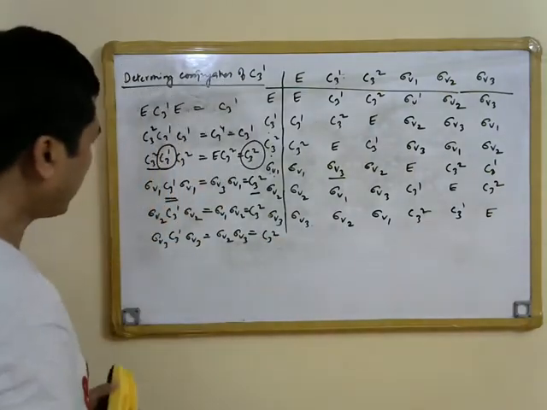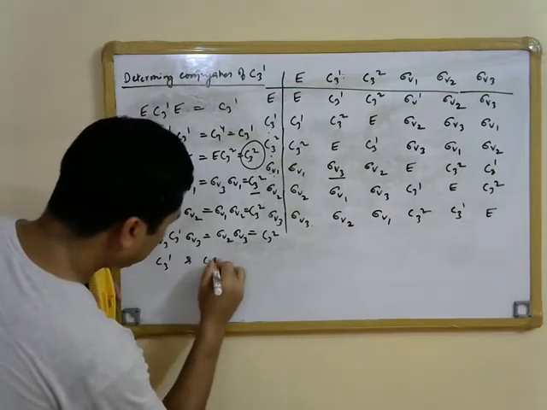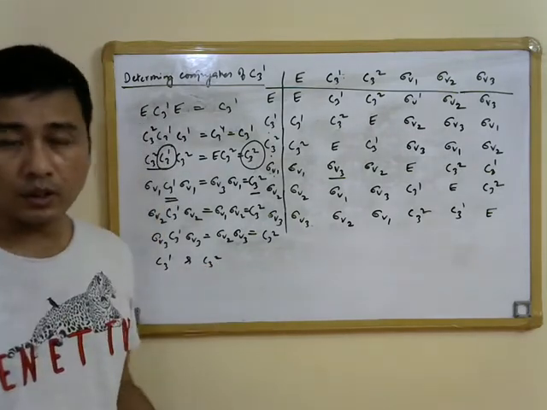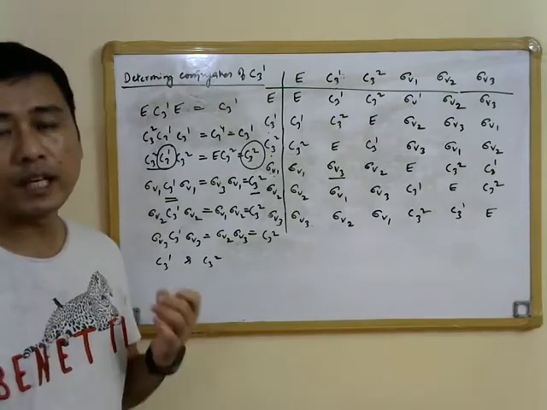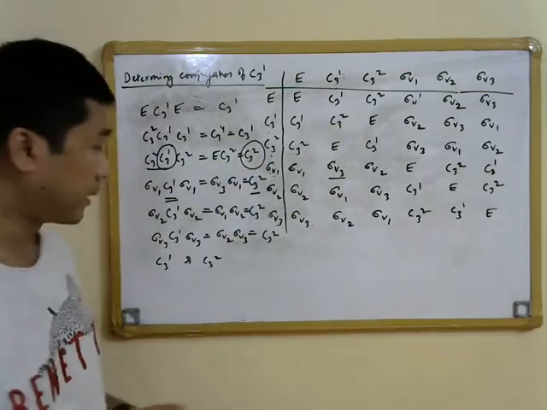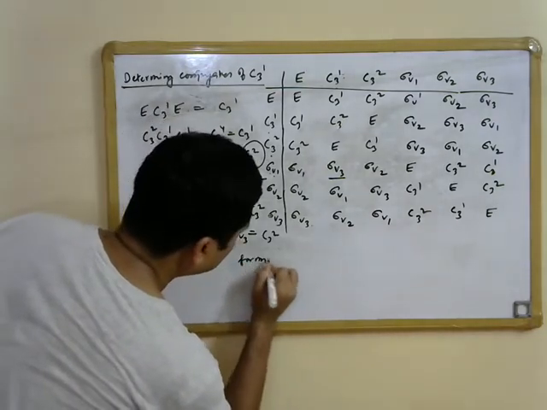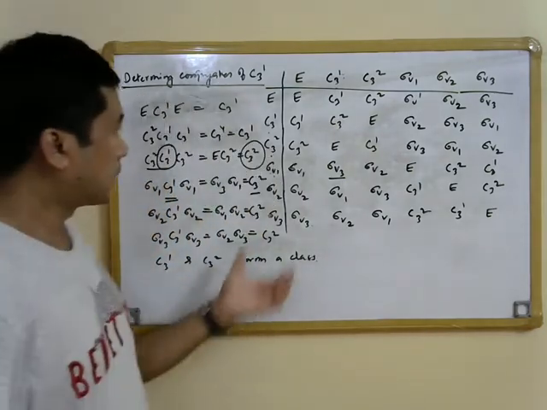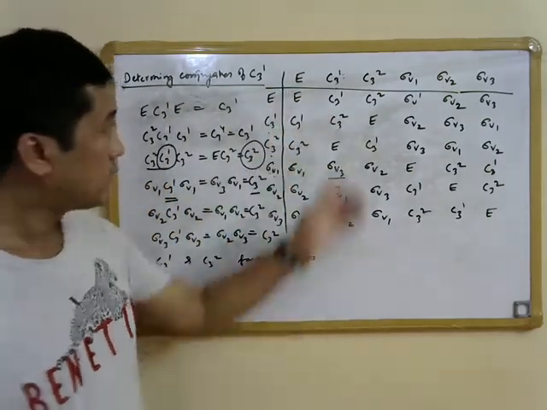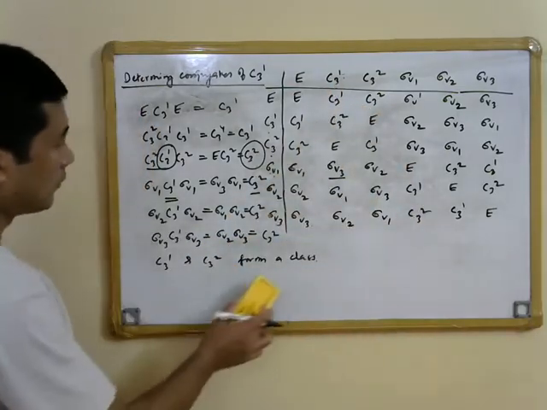So what we have seen is that C31 and C32 are conjugates of each other, and these two elements again form another class here in this particular mathematical group. C31 and C32 form a class. So the identity element forms one class, and the elements C31 and C32 form another class over here.